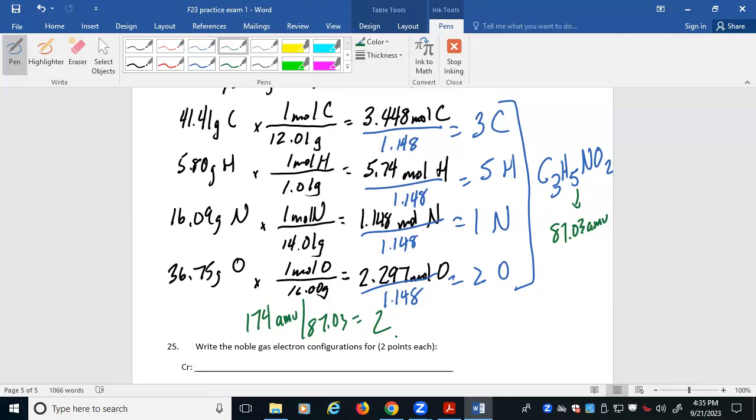What does that 2 tell us? That 2 tells us that the molecular formula is double the empirical formula. So doubling everything, we would get C6H10N2O4.